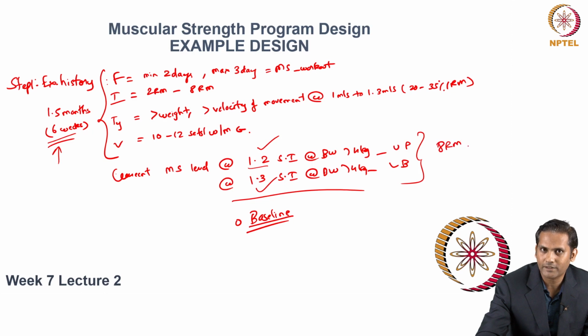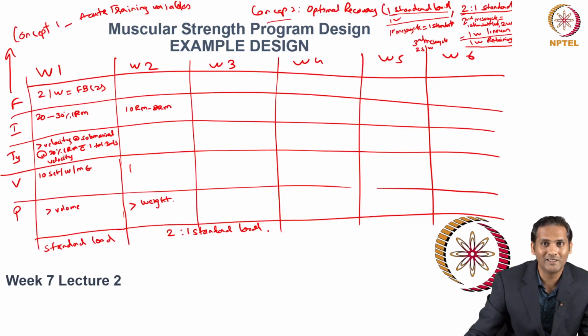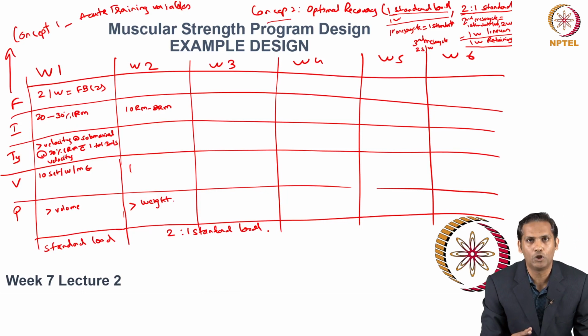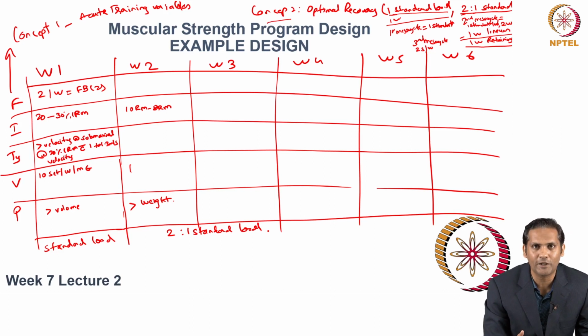So I have tested my upper body strength and lower body strength to lift a maximum of 8 RM. So considering this background, I choose an intensity of 10 to 8 RM by giving a stimulation. So I'm going to lift a load that will make me do maximal 8 repetitions, not more than that.